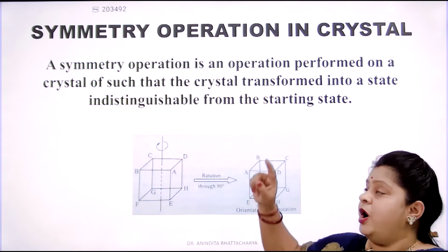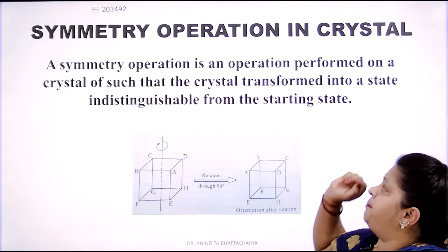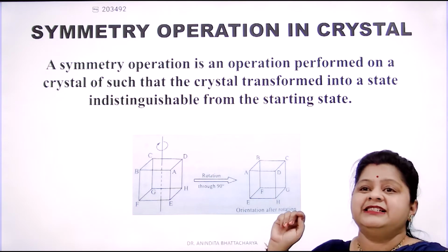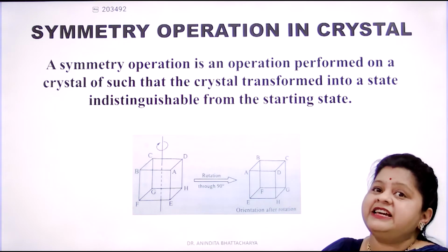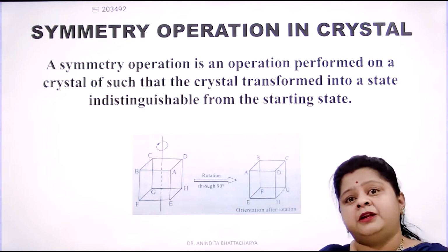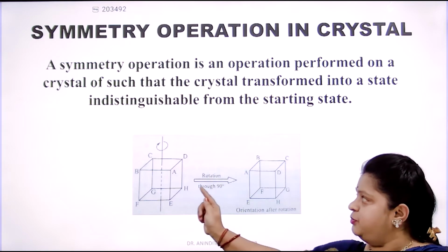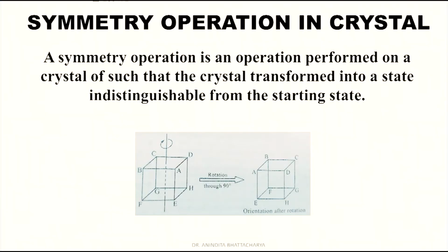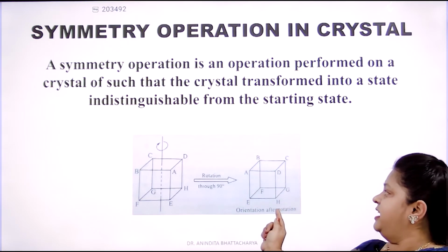A symmetry operation is an operation performed on a crystal such that the crystal is transformed into a state indistinguishable from its original state. See, these are the two diagrams. This is the axis through which we are rotating. We rotate it through 90 degrees and we get this.